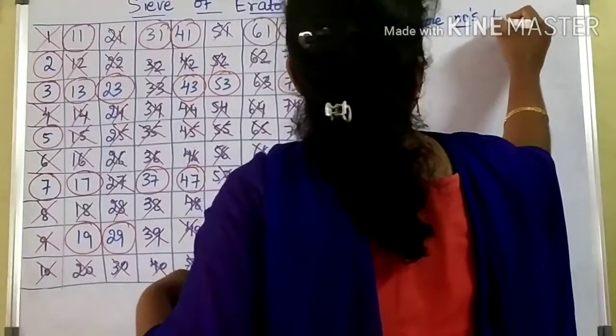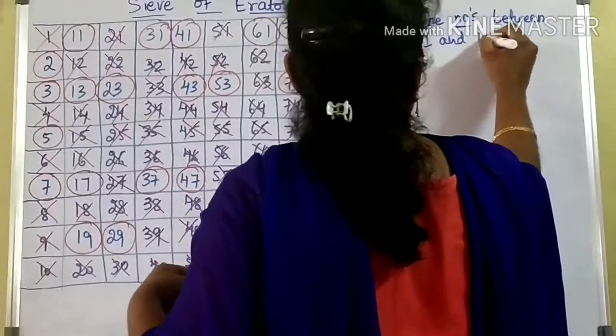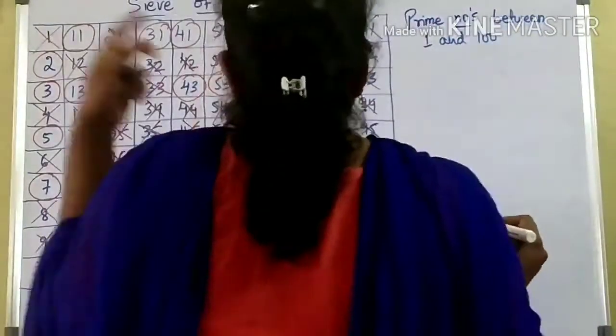Prime numbers between 1 and 100. Okay. So you know 1 is neither prime nor composite.